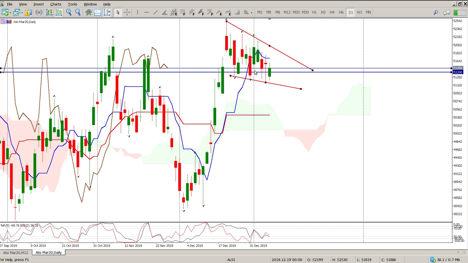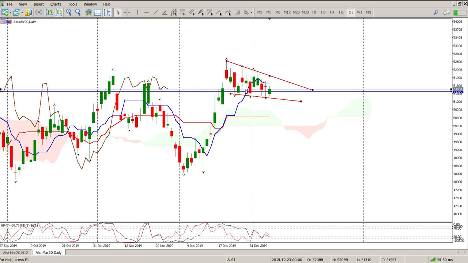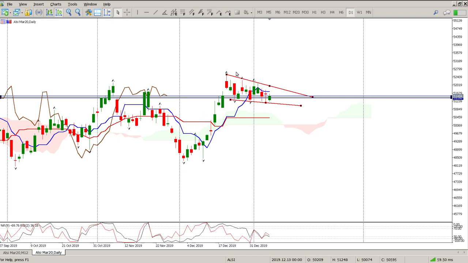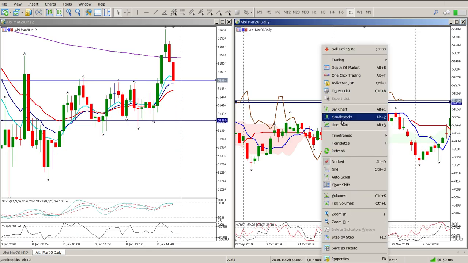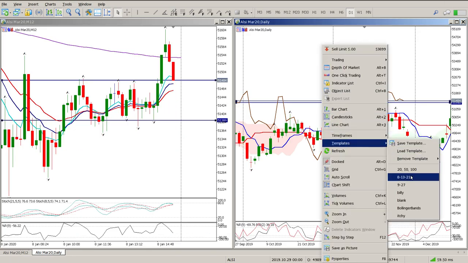So this pattern is very valid. So you need to just keep your wits about you and be patient, because when this thing does break, you'll be able to leave your longs on for a relatively long time, basically go and test the previous highs. Okay, so that is my 2 cents this morning.